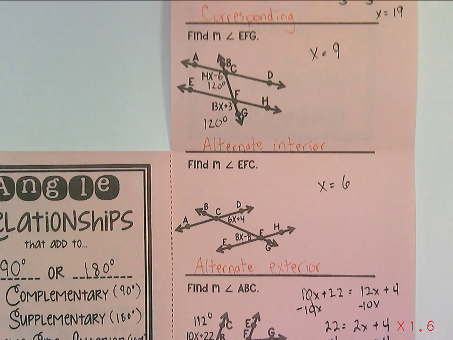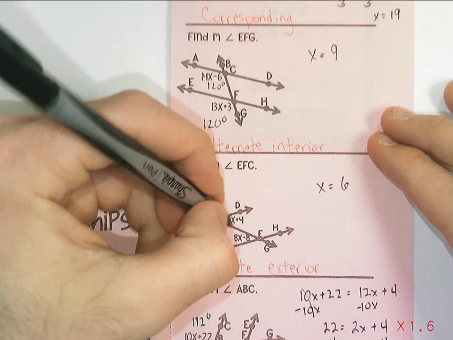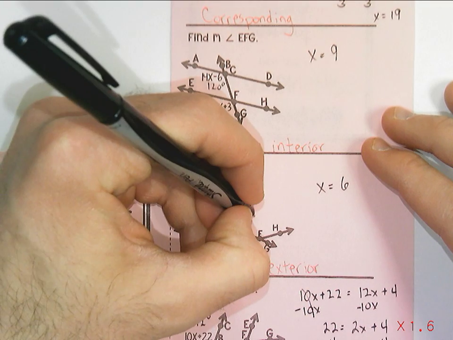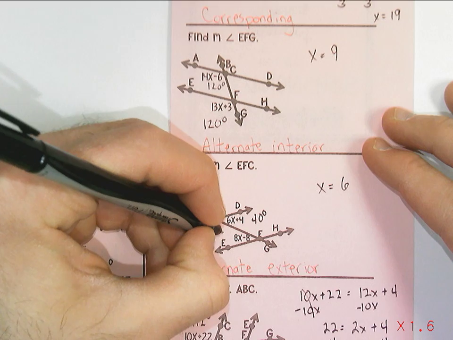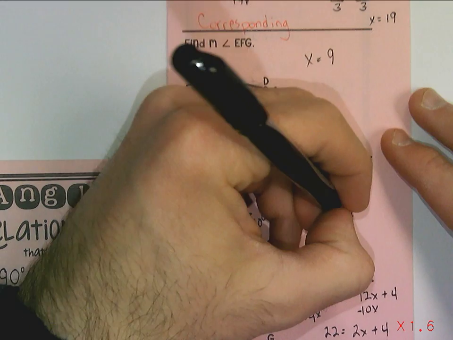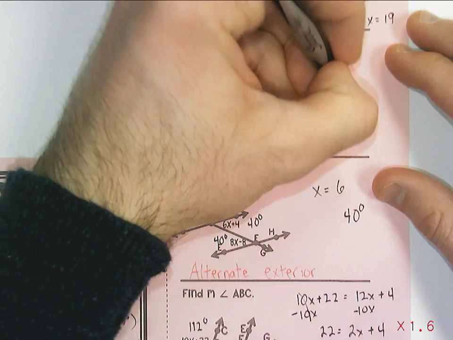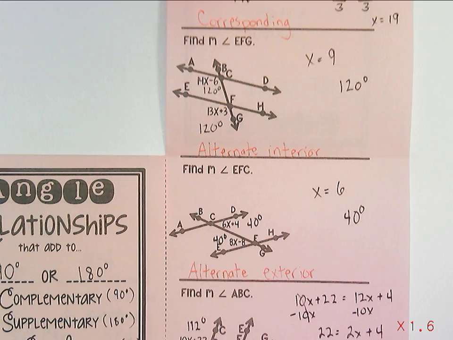And the measure of those angles, when you substitute 6 in for x, you should get 40 degrees for both of those. And I will write that out here as well, 40 degrees. Same thing from the one above, just in case it's hard to see, this should have been 120 degrees.